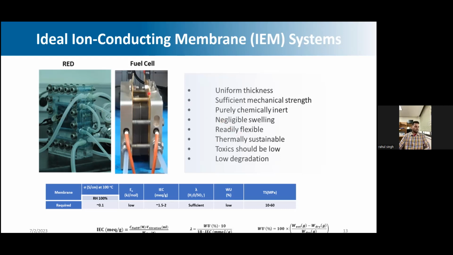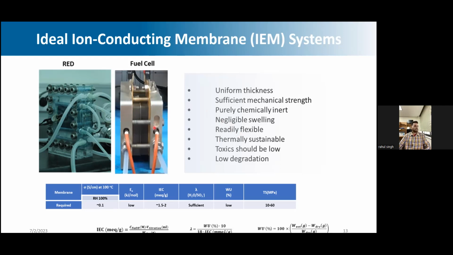Likewise with the fuel cell, when hydrogen and oxygen react at the interface between the electrode and the membrane, water and energy are generated.